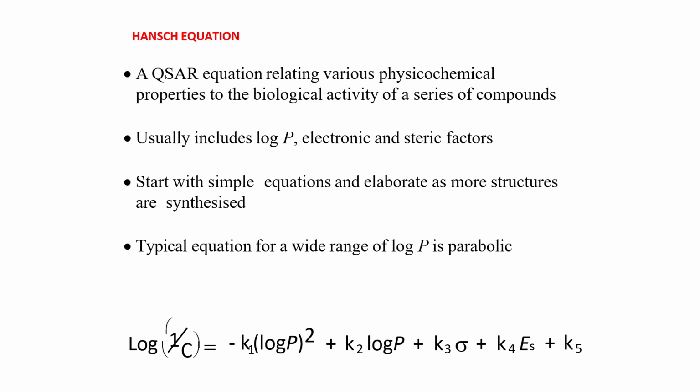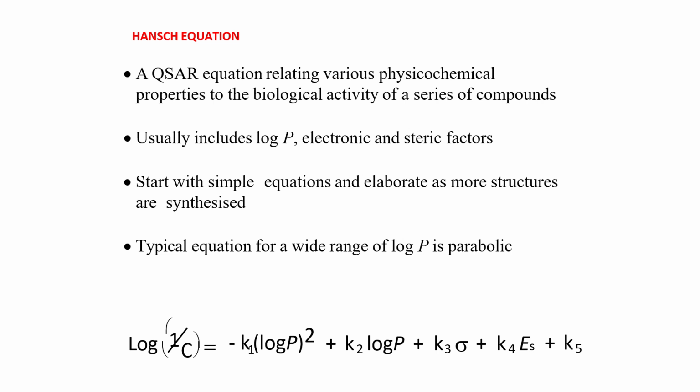Now what is a Hansch equation? The Hansch equation relates the biological activity to the most commonly used physicochemical properties. So this is a correlation equation which will correlate the biological activity to the most commonly used physicochemical properties.